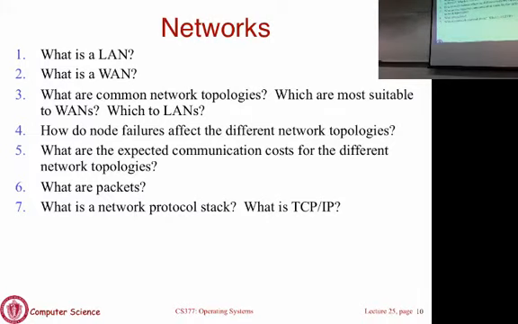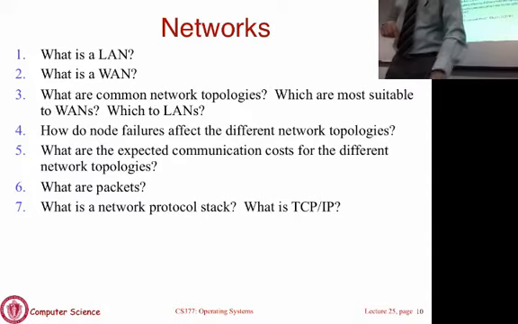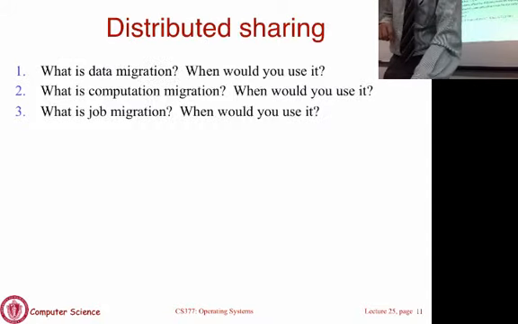IP is the network layer, which is responsible for hop by hop communication. TCP is the transport layer, which is responsible for end-to-end communication. If packets get lost, TCP will retransmit them. If you're sending at too fast a rate, TCP will slow down the transmission and so on. This is also material you cover in 453 clearly, but we had a very quick overview of this material just so that we understand how you write distributed applications.